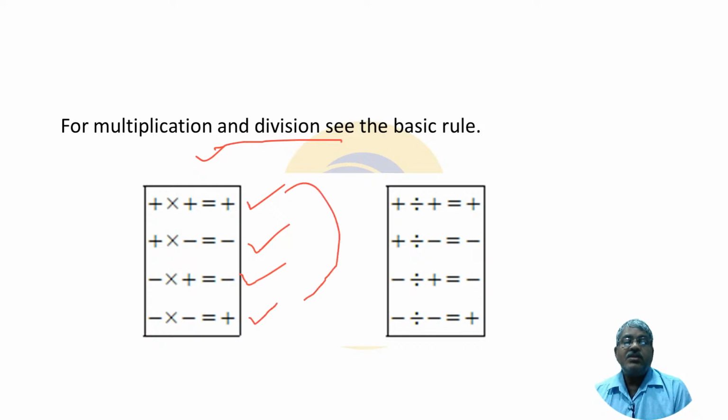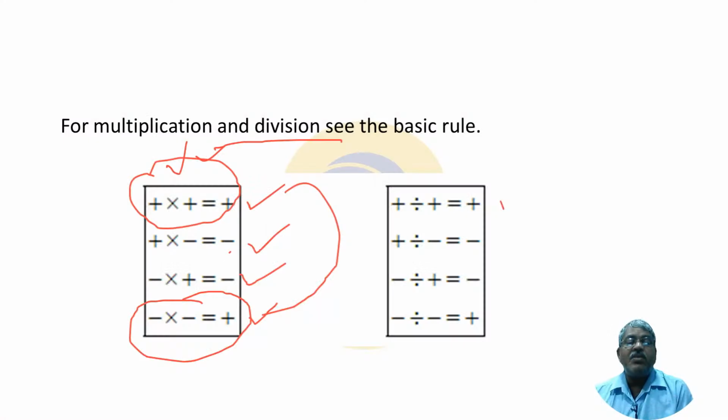When two same sign numbers are multiplied, you always get a positive number. So also division: plus division plus is equal to plus, plus division minus is equal to minus, minus division plus is equal to minus, minus division minus is equal to plus.